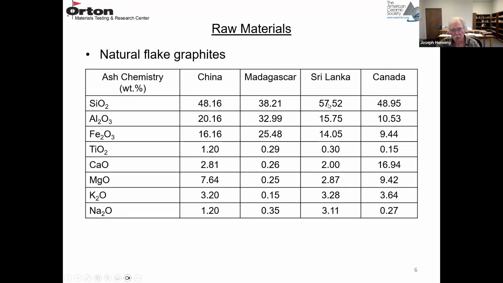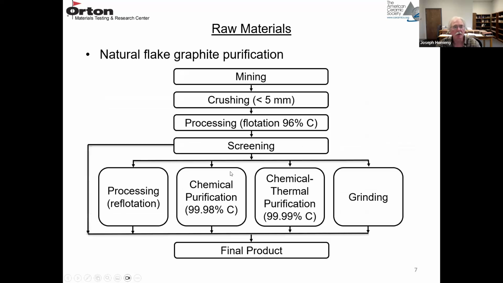So you see there's quite a bit of silica and alumina, and then there's also some iron oxide. So you have iron oxide and clay as the primary impurities, and then you also have TiO2, CaO, MgO, and then the alkalis, K2O and Na2O. But alumina, silica, and iron oxides are the primary impurities in the ash.